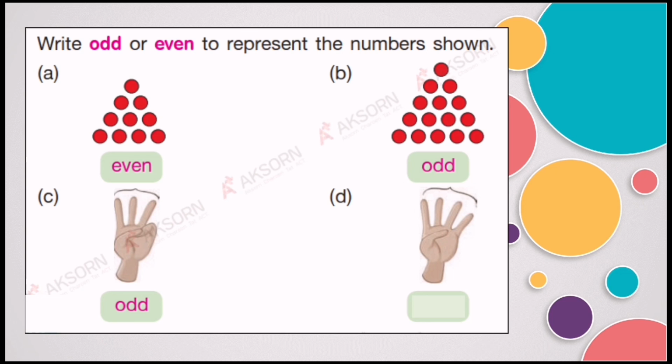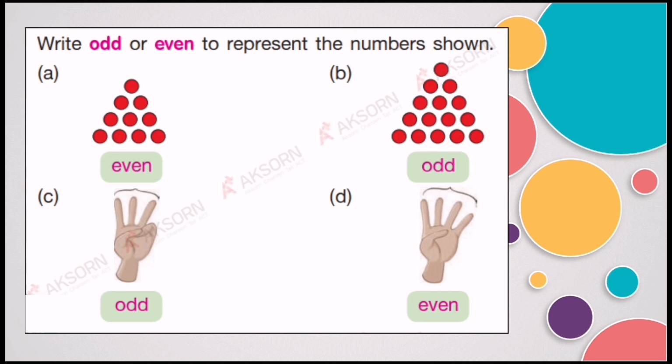If we pair these two and these two, they are paired. So is it odd or even? Even. Good job. It seems like you understand our lesson very well.